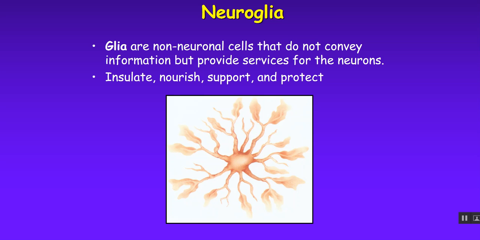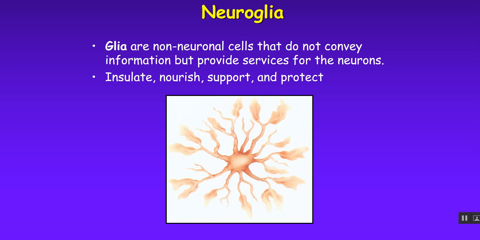The other part of the cellular matrix of the nervous system, in addition to the neurons, which have action potentials and can fire and depolarize and communicate, is neuroglial cells. Glia is glue. They're the glue or sticky stuff that holds the nervous system together.